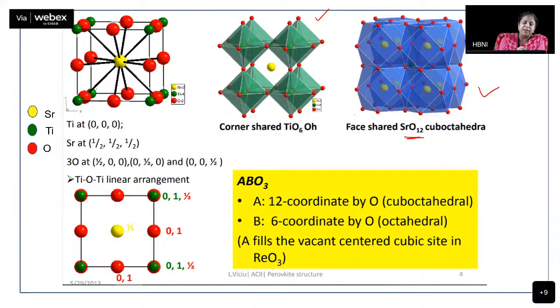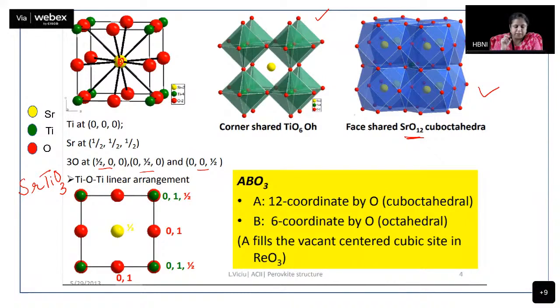If I consider one of the corners of the cube as 0, 0, 0, then titanium lies at 0, 0, 0. If I'm talking of strontium titanate, where A is strontium, strontium lies at half, half, half, which is the A cation, and your oxygen lies at the edge centers, which are given by half 0 0, 0 half 0, 0 0 half.